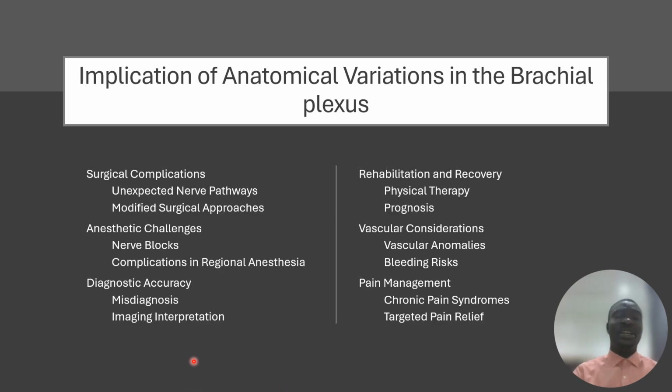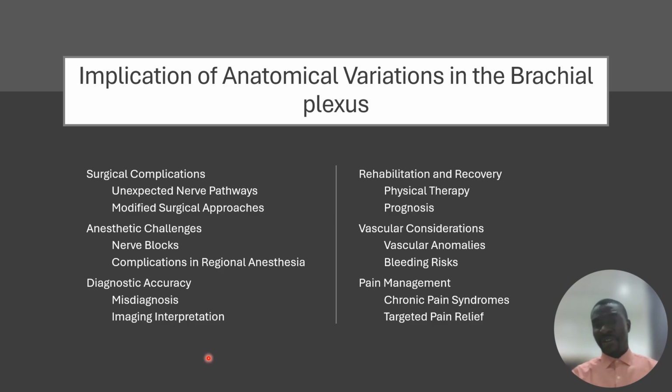For example, there could be unexpected nerve pathways during surgical cases, and this could lead to complications, and sometimes nerve injuries as a result of lack of knowledge of this. Sometimes finding out this information could lead to modifying surgical approaches.